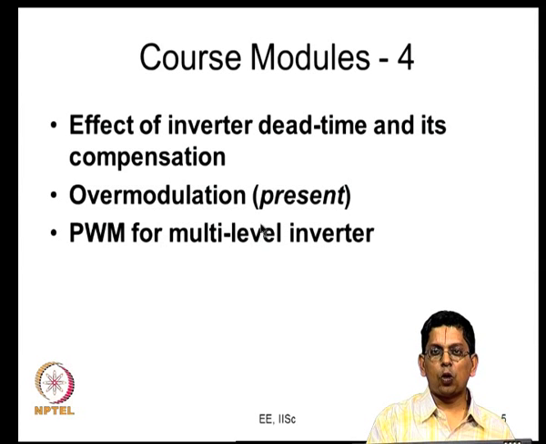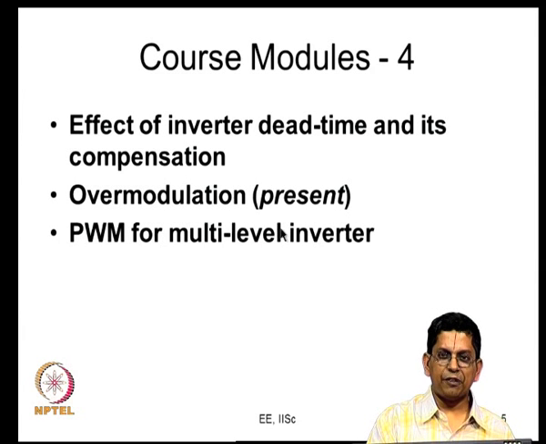So, why do we need overmodulation? In one sense, it is to increase the DC bus utilization further. If you resort to overmodulation, you can produce higher AC side voltage. At what cost? The same DC bus voltage. Since the DC bus voltage is the same, the device voltage ratings are also the same, no problem.